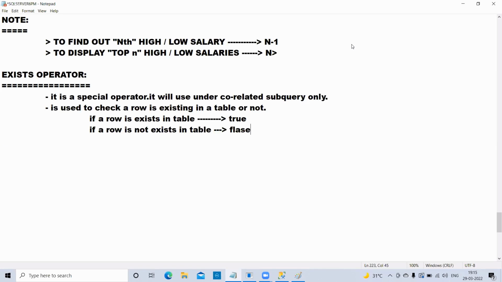The syntax will be like this: where exists, and then your inner query. So where you have to go for exists of your inner query. This is the syntax of the exist operator.